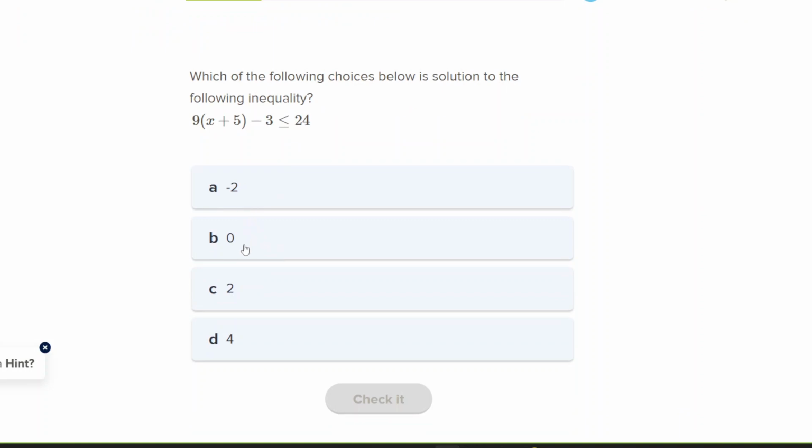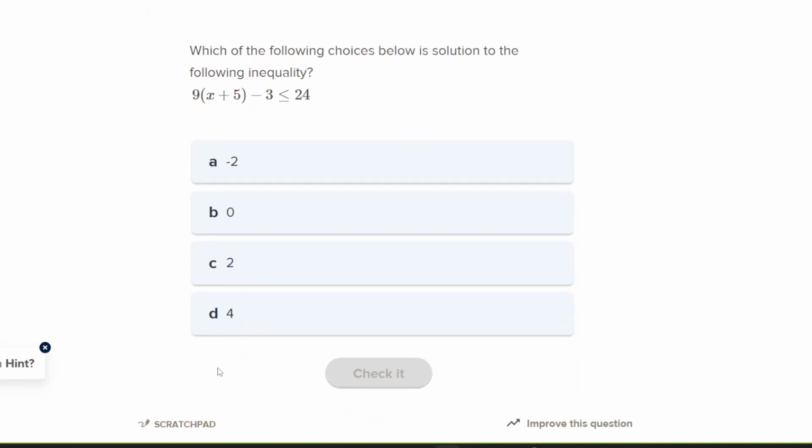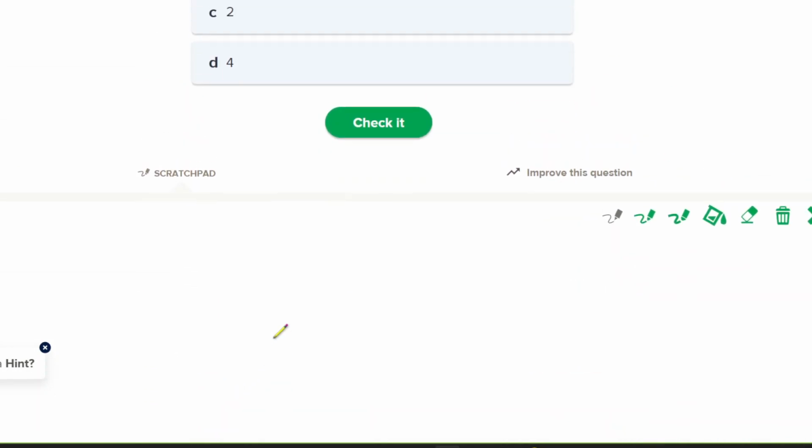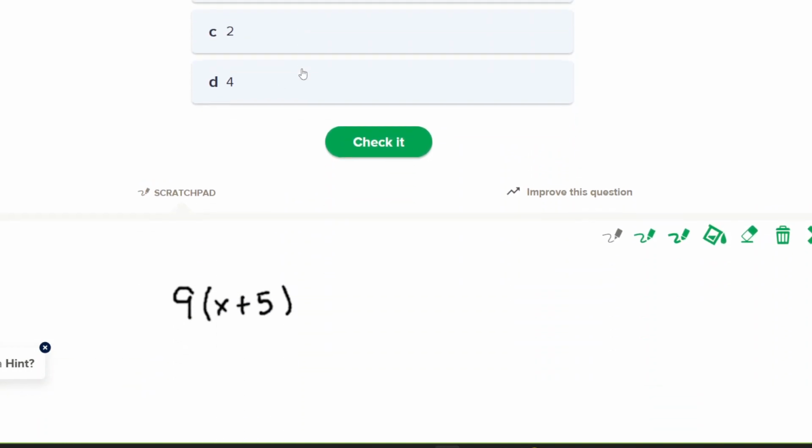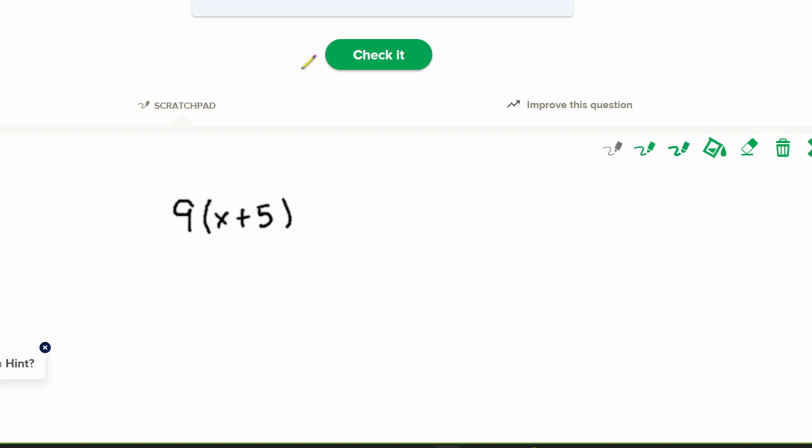Is -2 a solution? Is 0 a solution? Is 2 a solution? Is 4 a solution? Okay. Our inequality was 9 times the quantity x plus 5, and then -3, is less than or equal to 24.